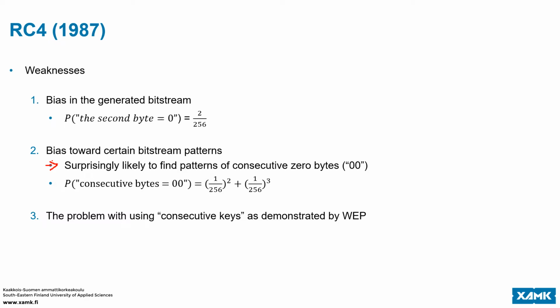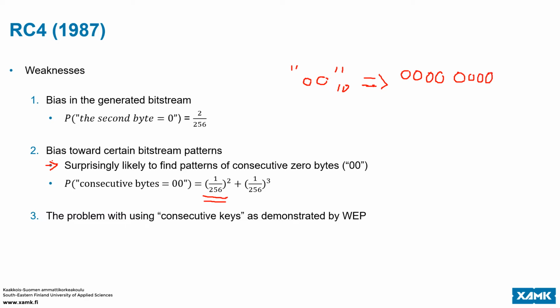So the actual probability of getting 2 consecutive 0 bytes should be 1 over 256 squared, because, again, in order to produce 2 zero bytes, which would look something like this in decimal or base 10, this is of course the same as having a bit stream that in binary would be 0, 0, 0, 0, 0, 0, 0, 0.